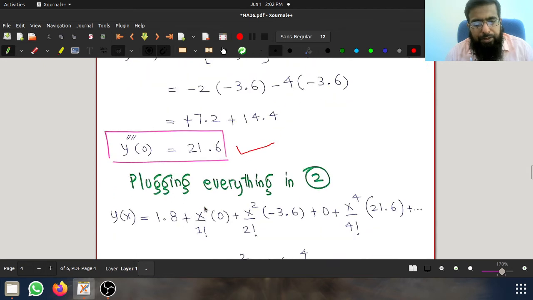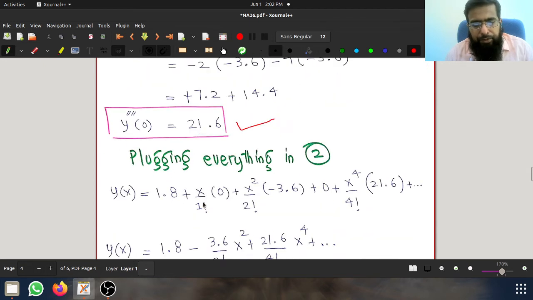So the trend is such that we have odd derivatives equal to 0, the first even derivative evaluated at 0 is negative, the second even derivative is positive, the third would be negative, the fourth would be positive, and the trend would go on. But the odd derivatives would be equal to 0 at point 0.